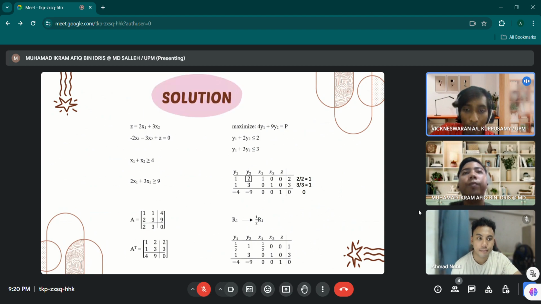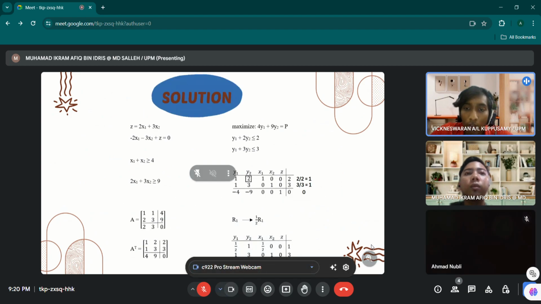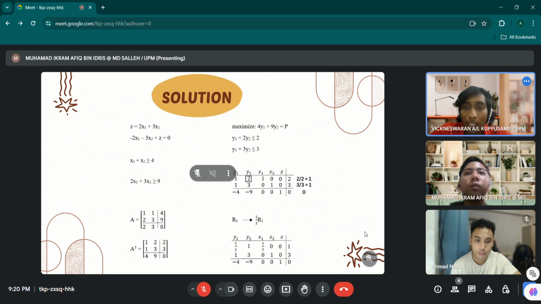The division is selected from the rows that we have chosen. So the ratios are 1, 1, and 0. Since the ratios are 1 and 1, we choose the row with the smallest value, which in this case is row 2.